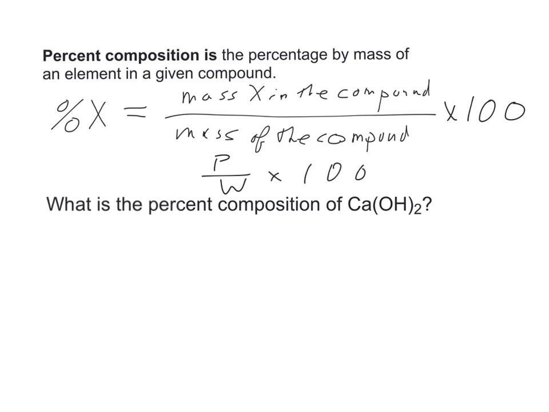So if you're asked what is the percent composition of calcium hydroxide, you would need to know the mass of each element in the compound and then the total mass of the compound. So the first thing I would do is figure out the total mass of the compound. And to do that, I'm going to assume that I have 1 mole.